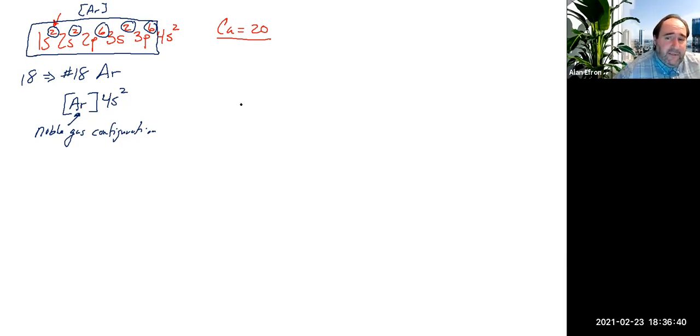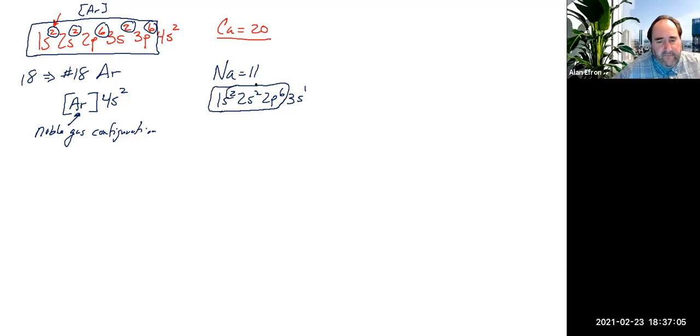So again, for example, if we looked at something like sodium, which is number 11, and we wrote it out, 1s2, 2s2, 2p6, 3s1. If we focus in on sodium and this part of the configuration, that is 2, 4, and 6 is 10.